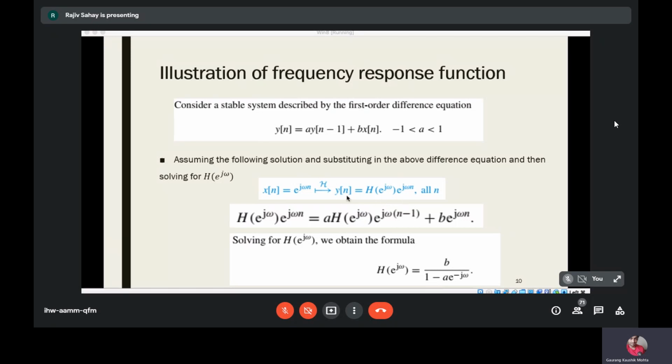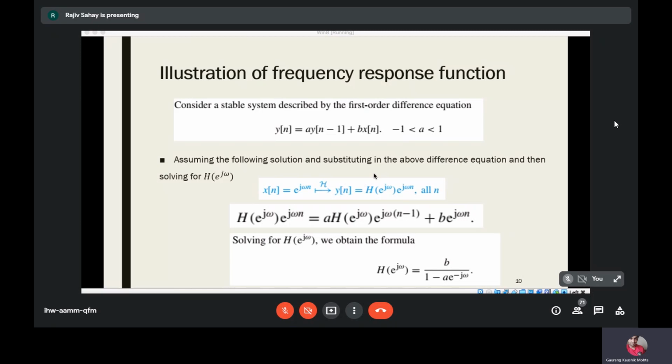So this is the eigenfunction property of an LTI system. When you feed e power j omega n, a complex sinusoid, in the general case it can be z to the power n, where z is a complex number. So either a complex exponential or a complex sinusoid with magnitude unity is fed as an input, and you get the output also as a scaled and phase-offset sinusoid of the same frequency.